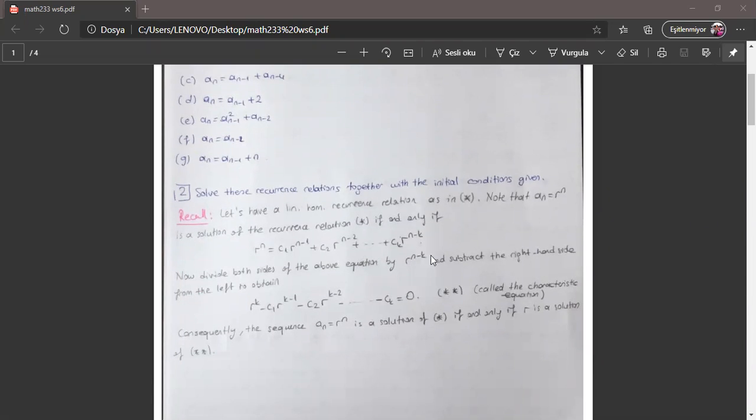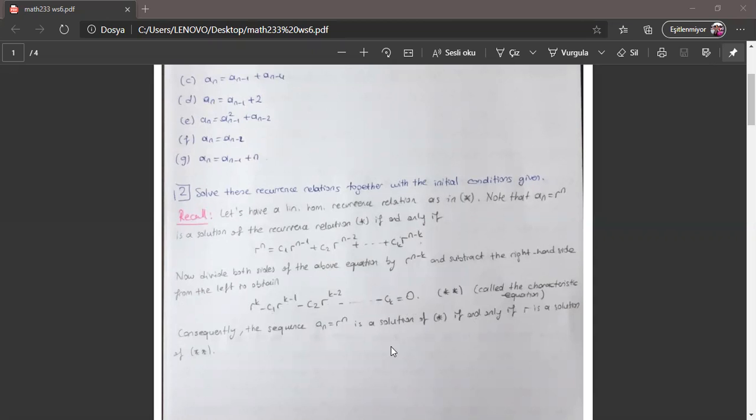Then we divide it by r to the n minus k and get this equality, which is called the characteristic equation. So we have here r to the k minus c1 r to the k minus 1 and so on, equal to 0. It's also called the characteristic equation.